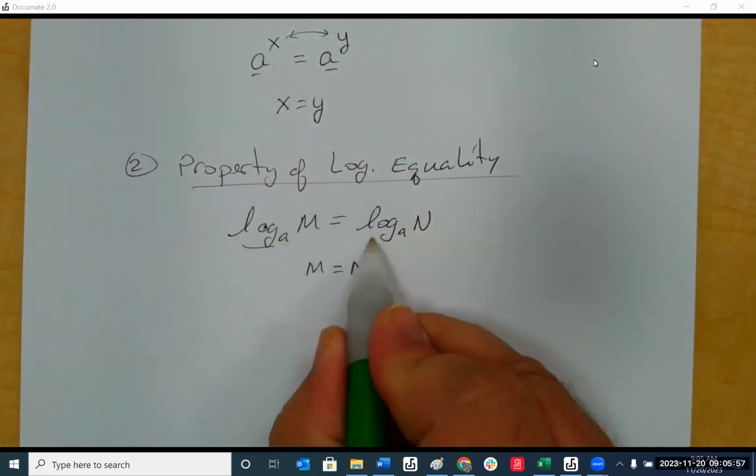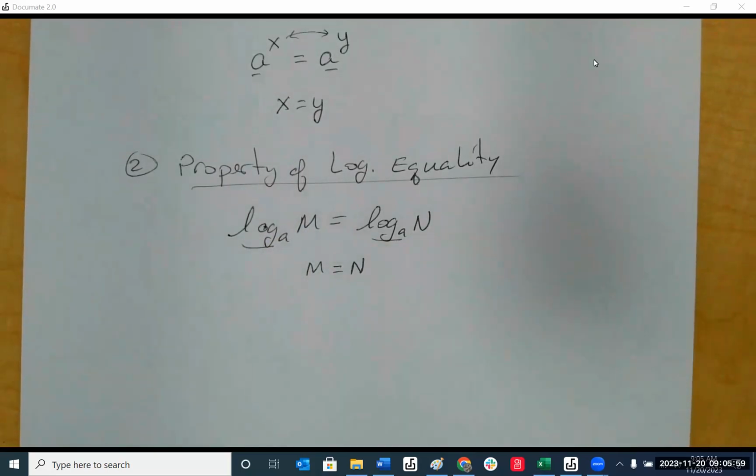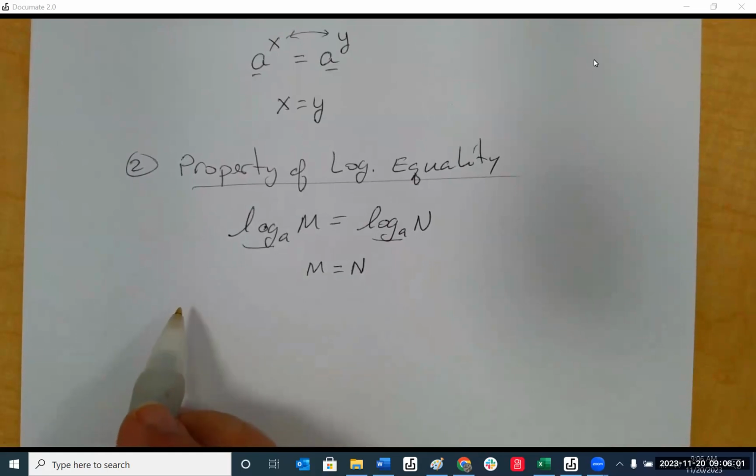We have to have the same logs and bases. How many questions are here? 27. We can do that.